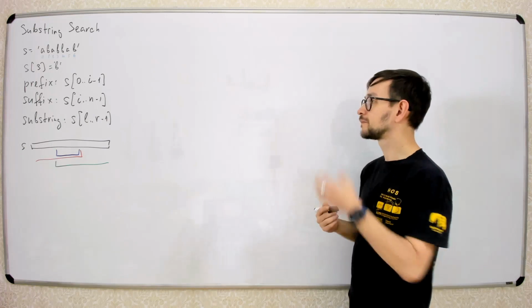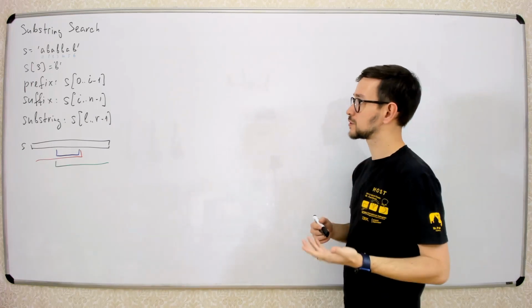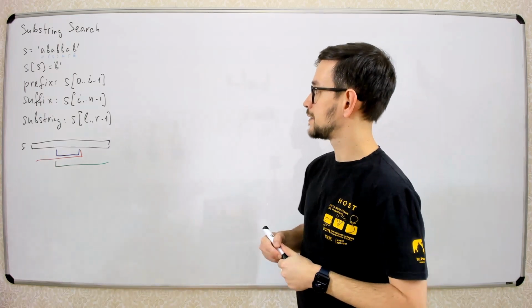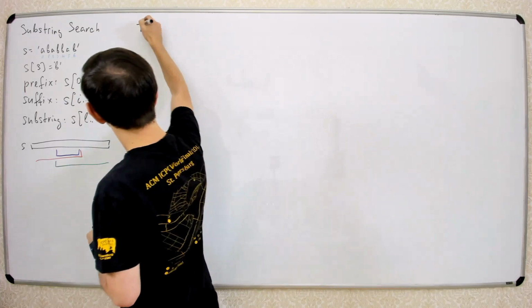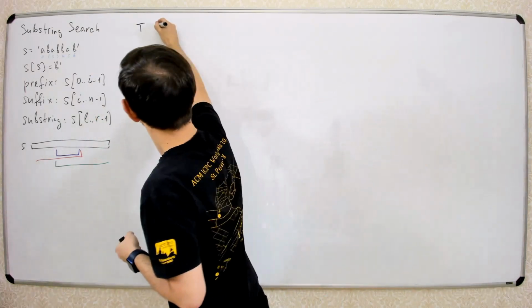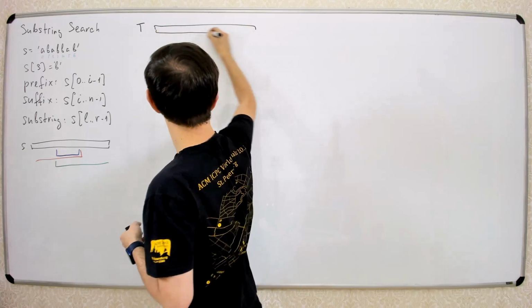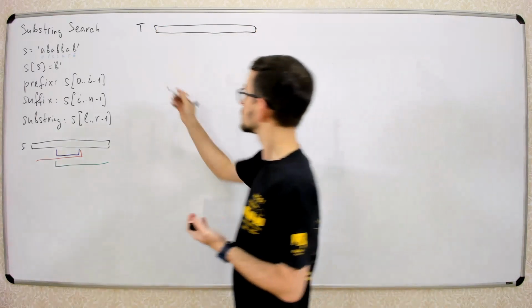So the problem we'll discuss today is substring search. What is the substring search problem? The problem looks like this. You have some big text. Text is simply a large string. So we have some large string, and you have some string, let's say s.